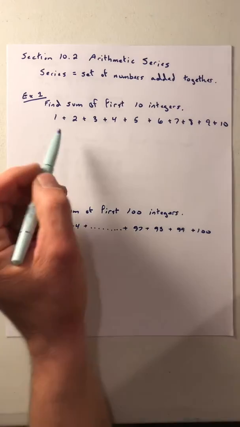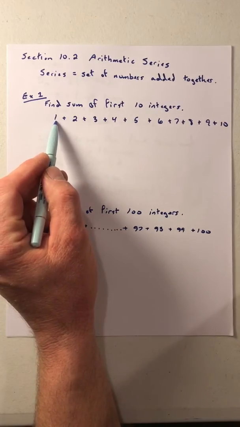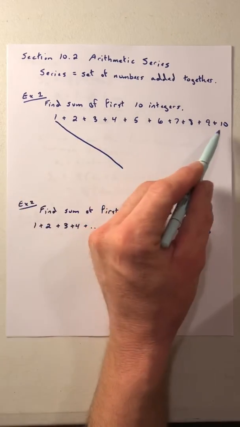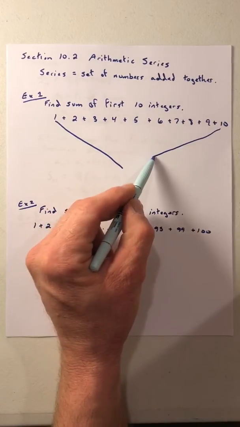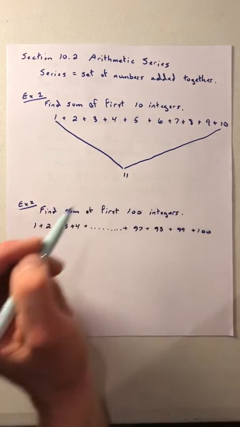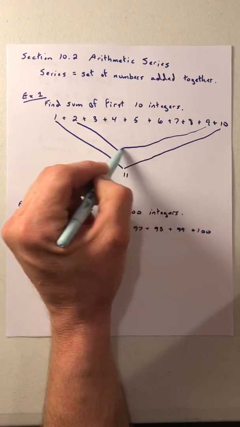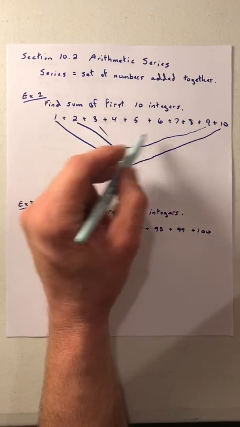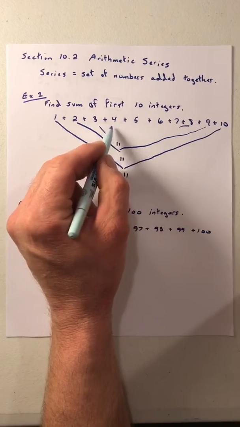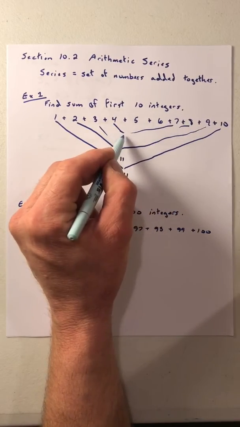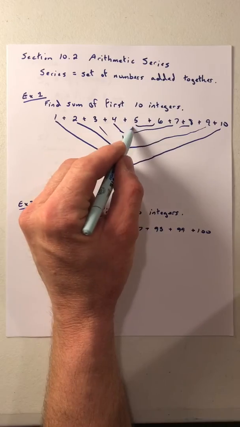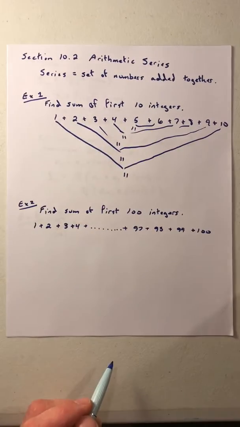Well, if I look at the sums, if I take my first term and my last term and add those together, I get 11. 2 plus 9 is going to give me 11. 3 and 8 is going to give me 11. 4 and 7 is going to give me 11. And 6 and 5 is going to give me 11.